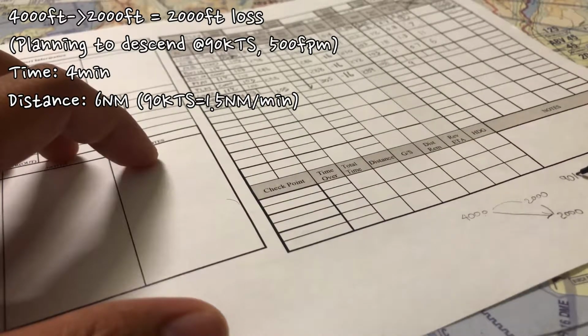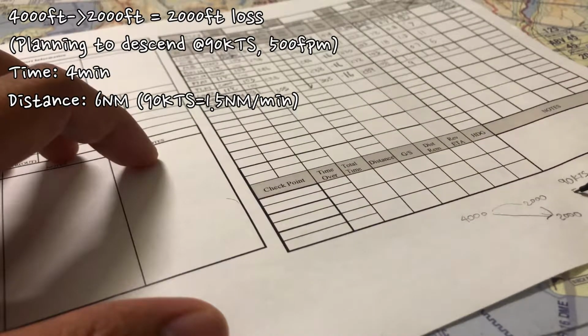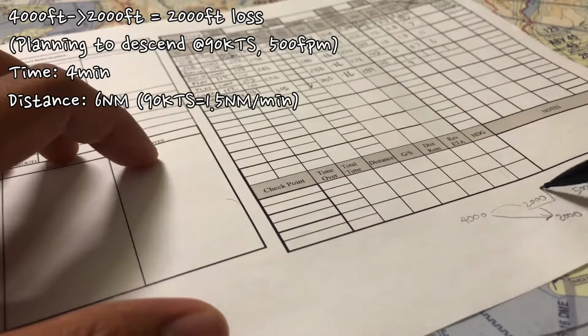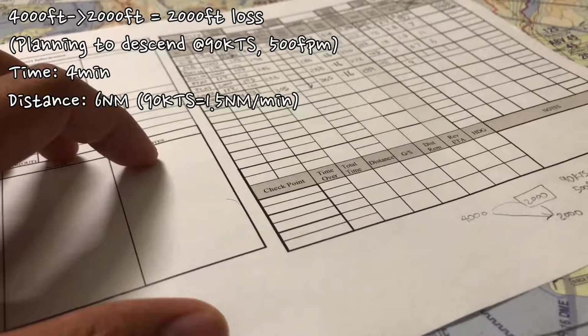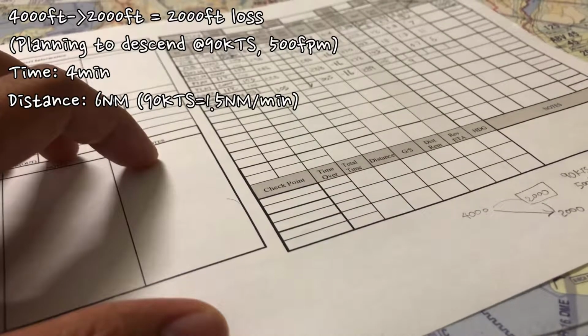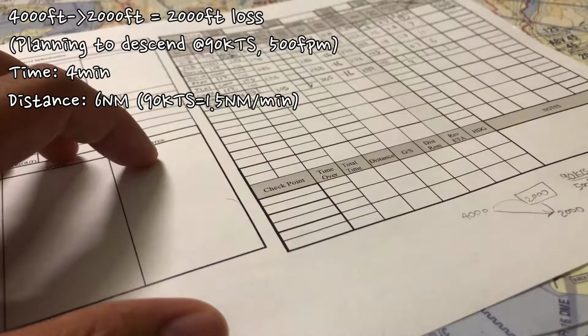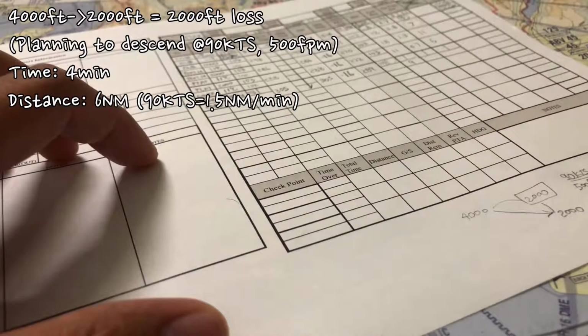We can set it for 90 knots and 500 feet per minute descent rate. Then to lose 2,000 feet, it's going to take 4 minutes. If we go 90 knots for 4 minutes, then that's going to be 6 nautical miles.